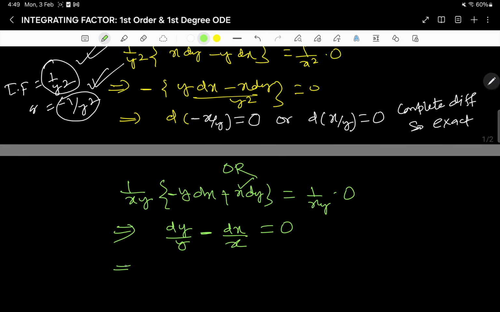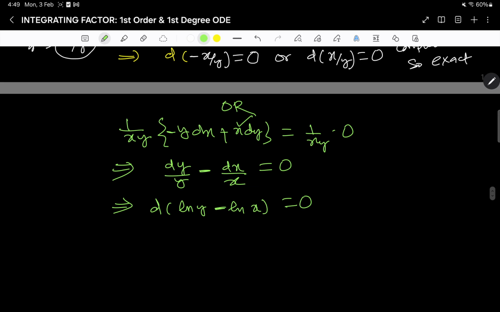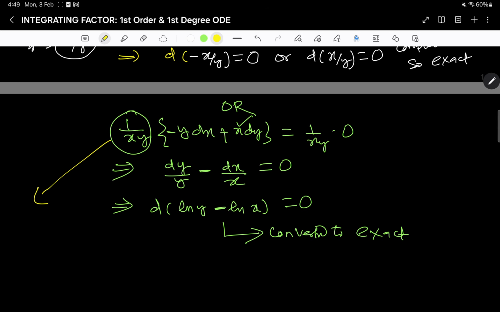Is it not d of ln y minus ln x equal to 0? It is now converted to exact. Therefore 1 by xy is another integrating factor.